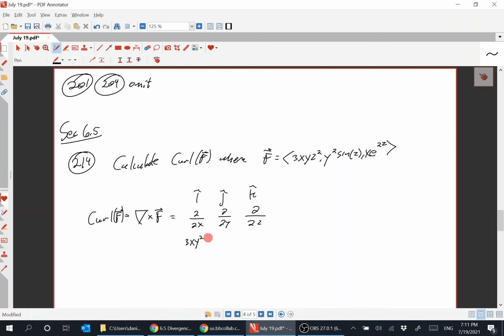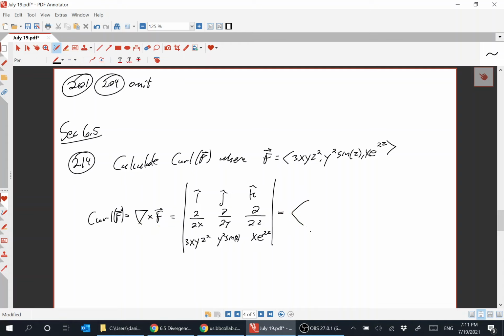Then 3xyz squared, y squared sine z, and x e to the 2z. So this vector, del cross F.